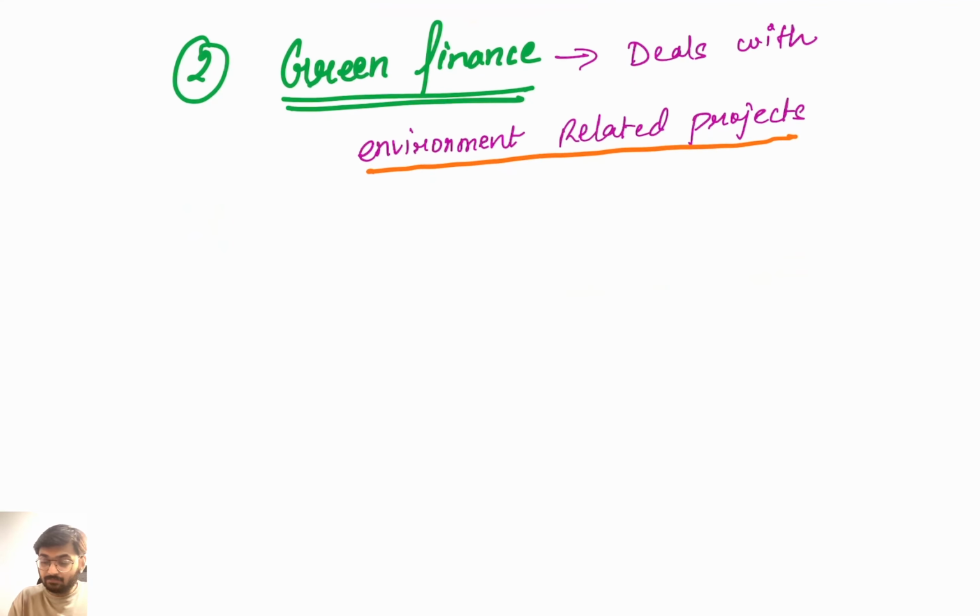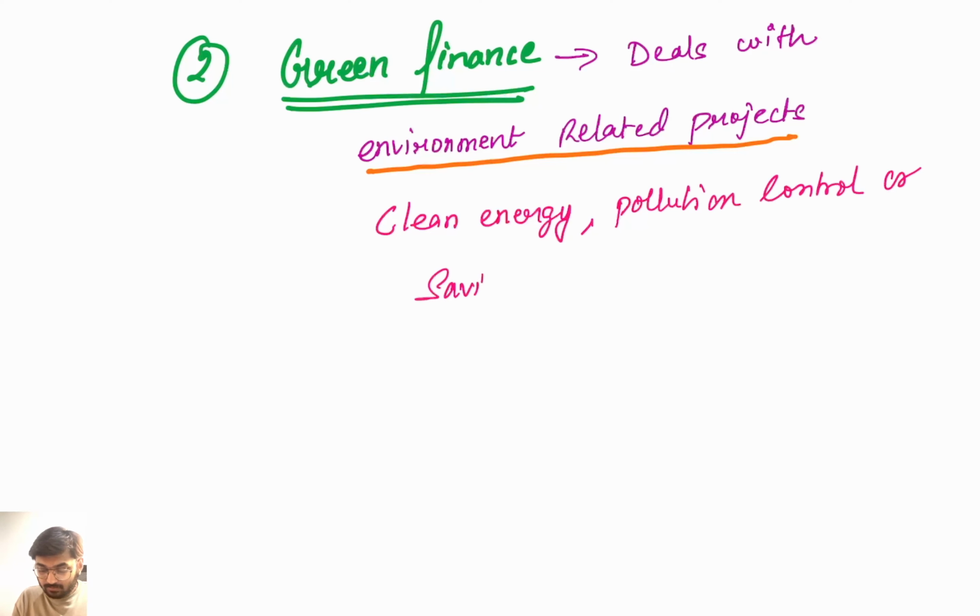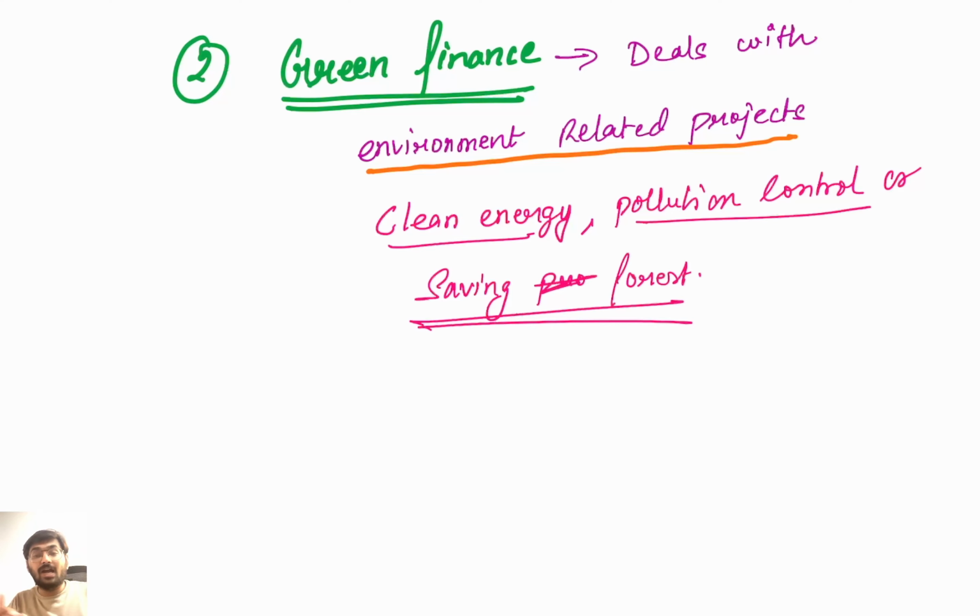Write down the examples. Clean energy, pollution control, or saving forests. Clear? So all these are the projects which I am doing to protect nature, to protect the climate, to protect my environment.